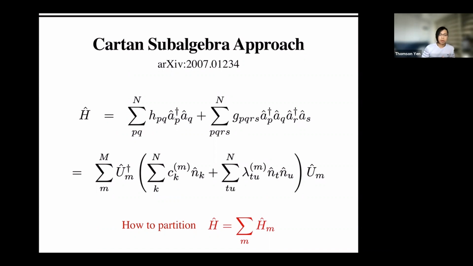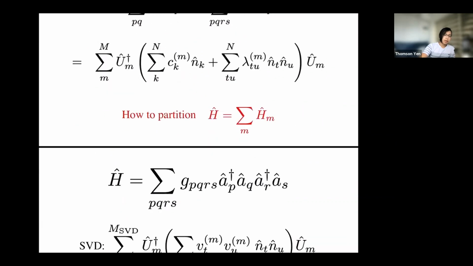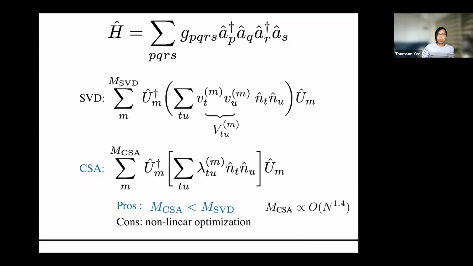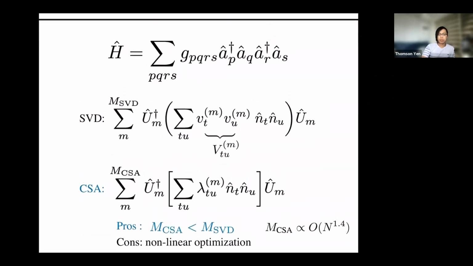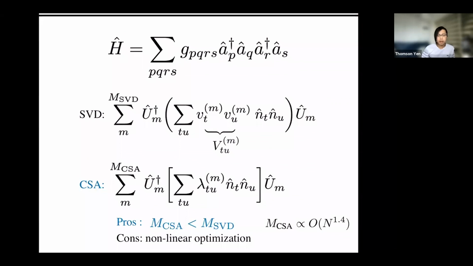The difference between the Cartan subalgebra and the SVD approach is in how we partition the Hamiltonian. We chose to deal with the one-body term the same way as before. It's a nice trick that measures all of the one-body term at once. The difference lies in how we deal with the two-body terms.